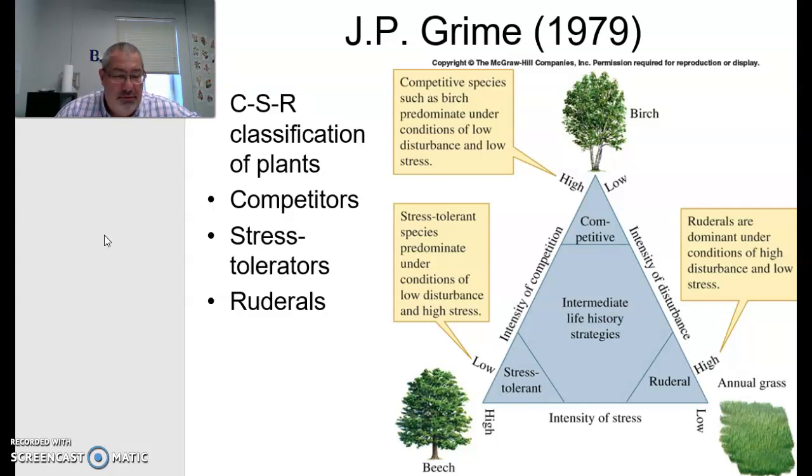Ruderals tend to prefer not a lot of stress, but disturbance. So ruderals in this classification equals R selection by MacArthur and Wilson.